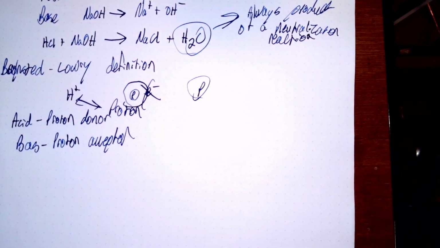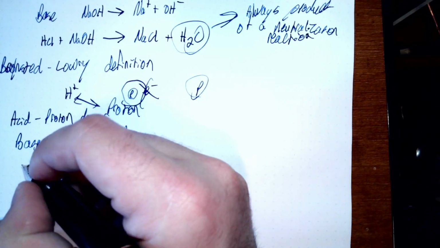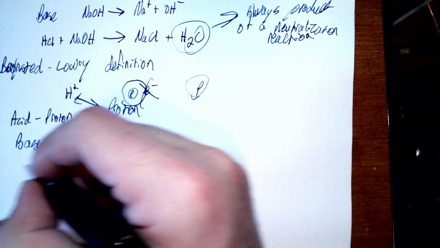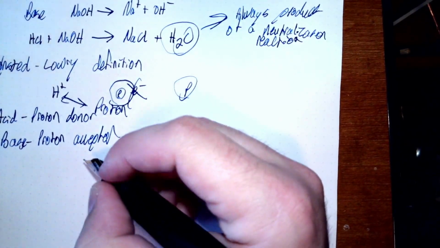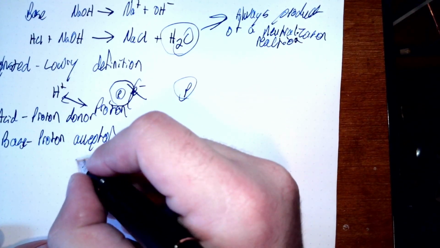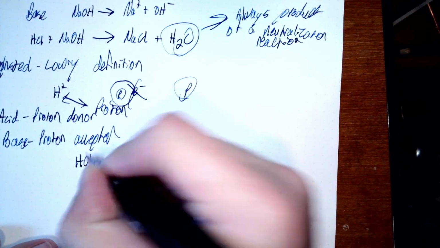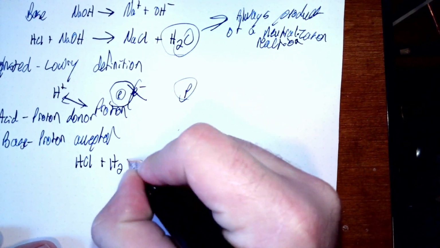Now, what do we mean by that? Let's look at our stereotypical Arrhenius acid again, but let's put it in the framework of a Bronsted-Lowry acid. Let's say we're going to dissolve this in water.